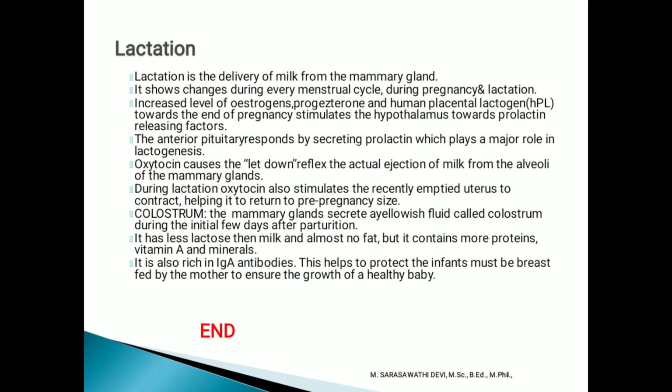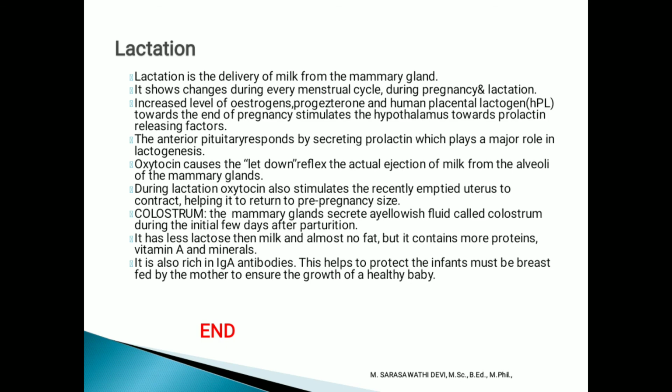Lactation. Lactation is the delivery of milk from the mammary gland. It shows changes during every menstrual cycle, during pregnancy and lactation. Increased levels of estrogen, progesterone and human placental lactogen towards the end of pregnancy stimulate the hypothalamus to release prolactin releasing factor.